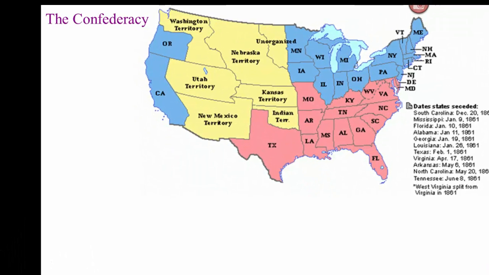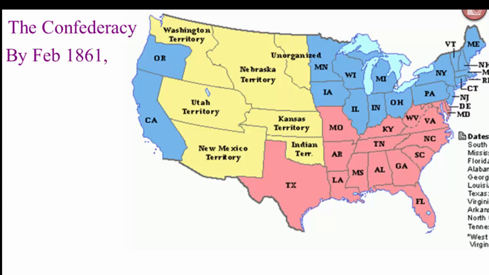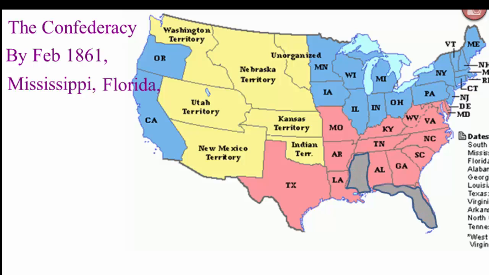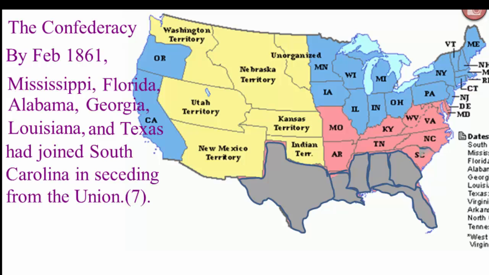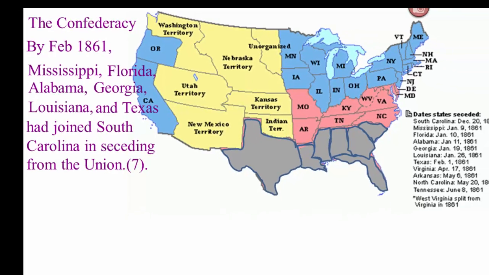All right. By February, three months later, Mississippi, Florida, Alabama, Georgia, Louisiana, and Texas had all joined South Carolina and decided to secede from the Union.